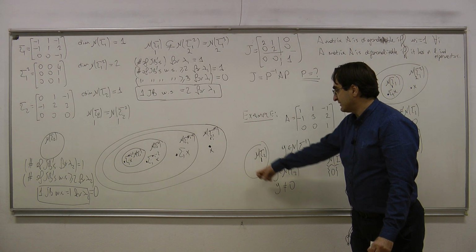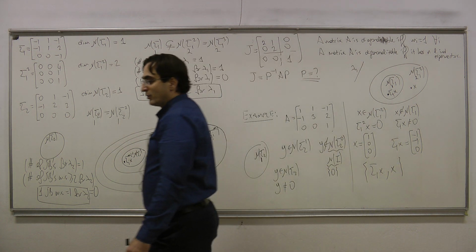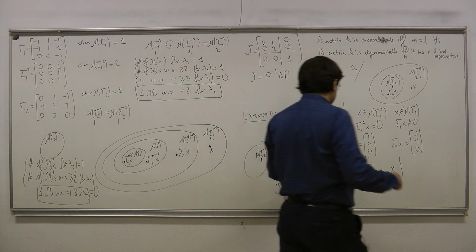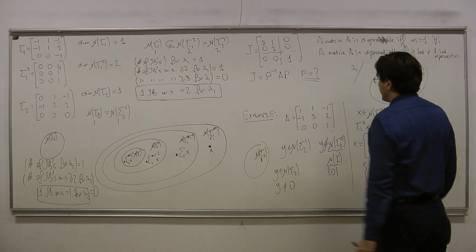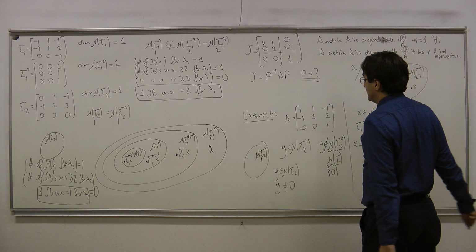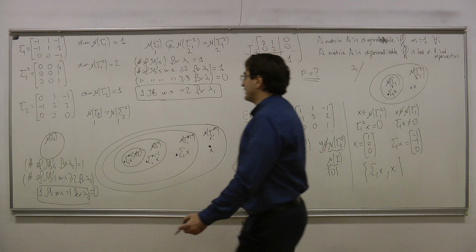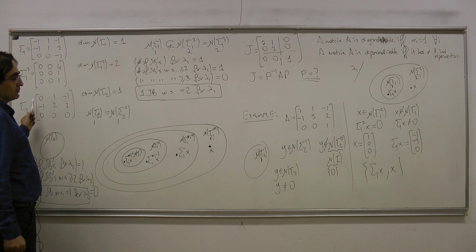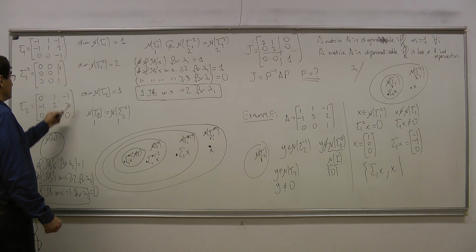A non-zero vector inside the eigenspace is an eigenvector. So in this case, I only need to find a single eigenvector in order to be able to find the chain of this eigenvalue. Give me one non-zero vector inside the null space of this matrix here.